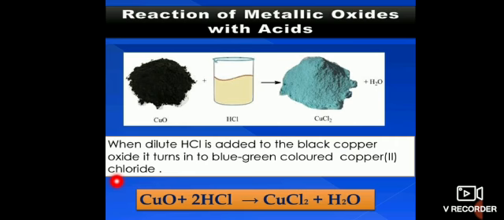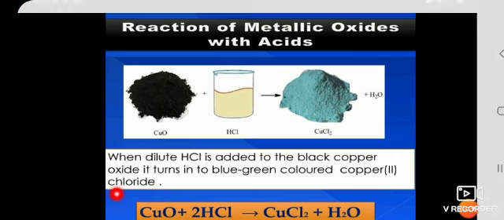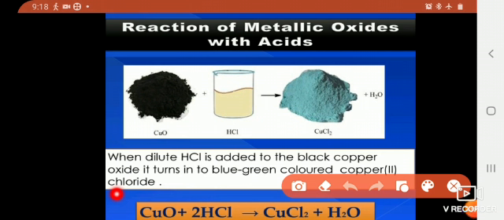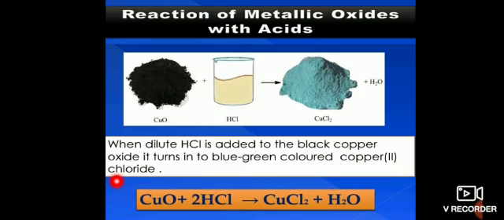In the picture, you can see copper oxide, which is black in color, and dilute HCl is added to that black colored CuO. It will form blue-green colored copper chloride. The reaction is CuO plus 2HCl gives CuCl2, that means copper chloride, and water.